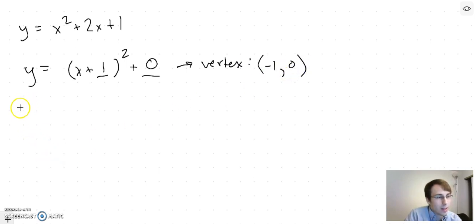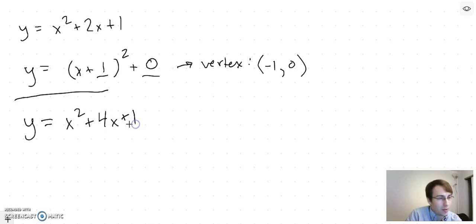Now, other times, it's not as easy to get into vertex form. Like, what if we have y equals x squared plus 4x plus 1? What do we do then?